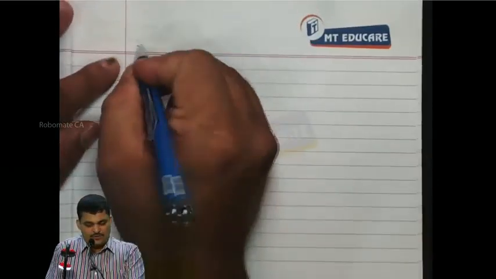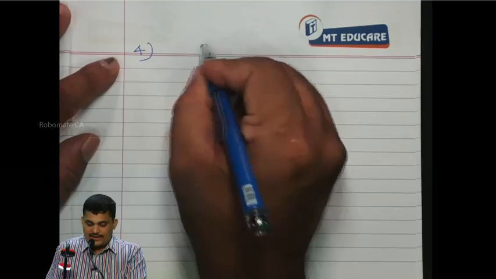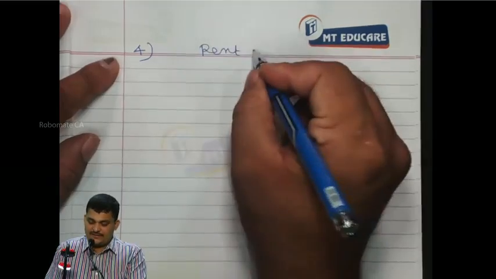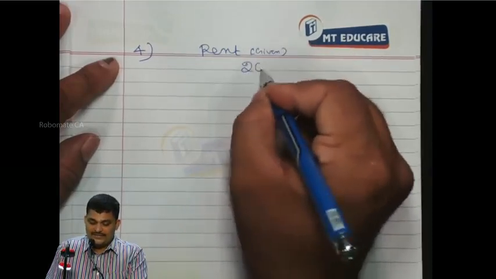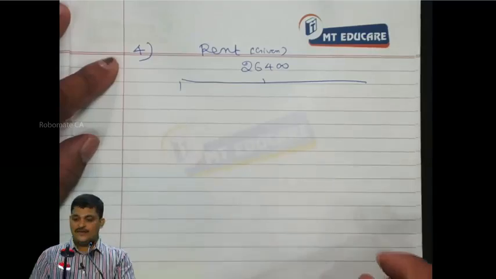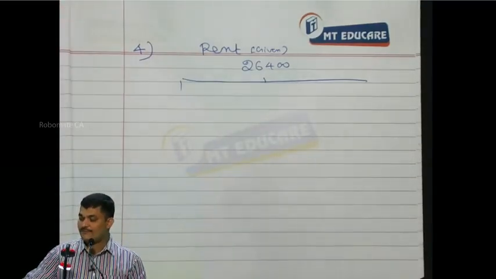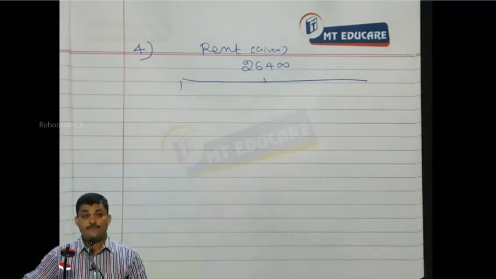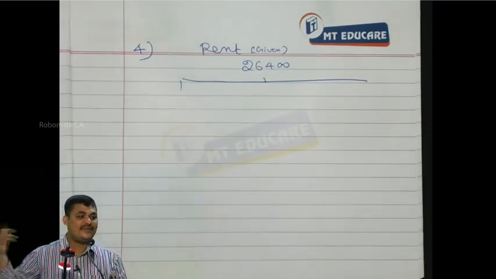Now listen. Next working, please don't copy, sir, listen carefully. What is next we have? Rent. What is the rent given? 26,000. We need to split this into pre and post. It was given that the rent of the office building was paid at a rate up to September, after which it was increased.